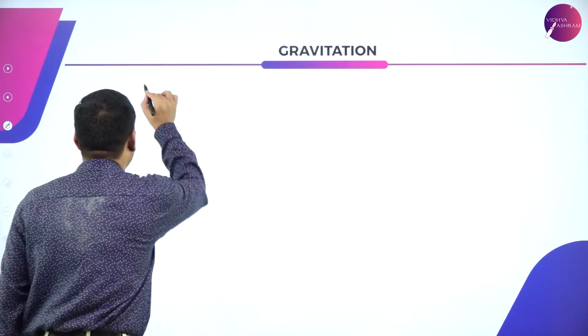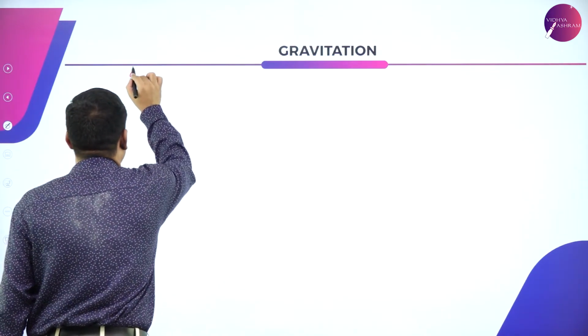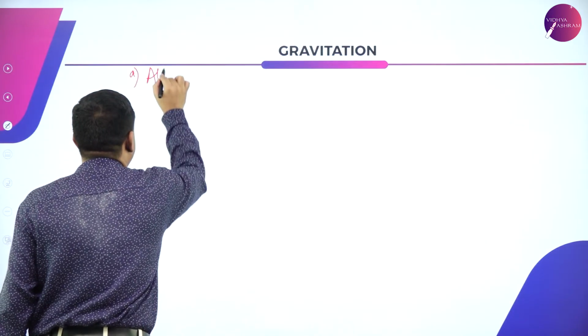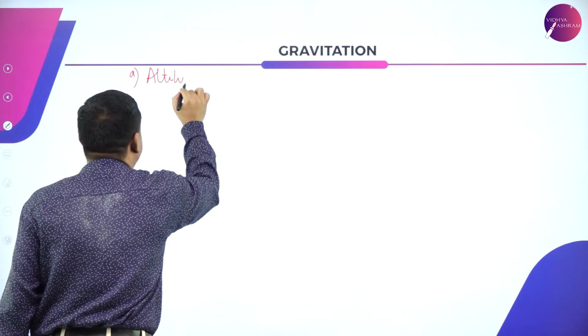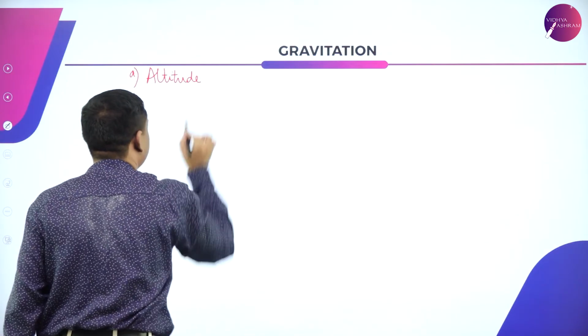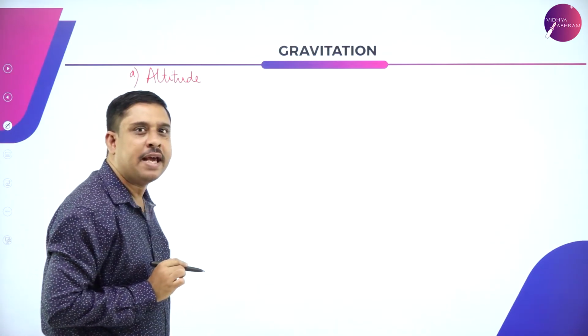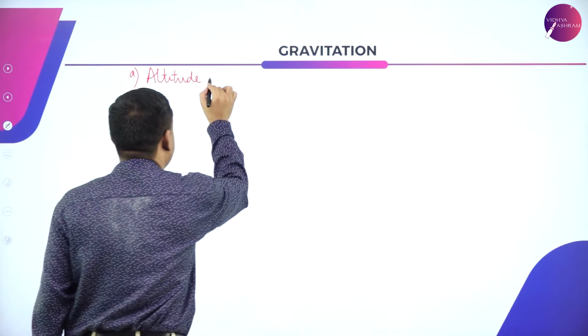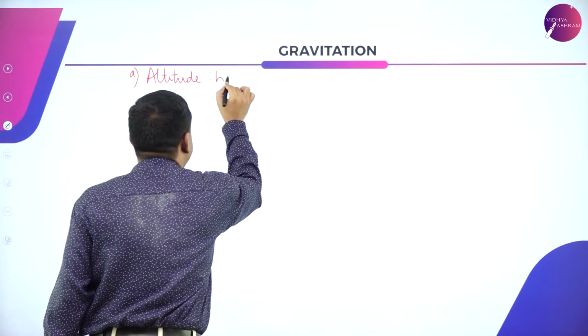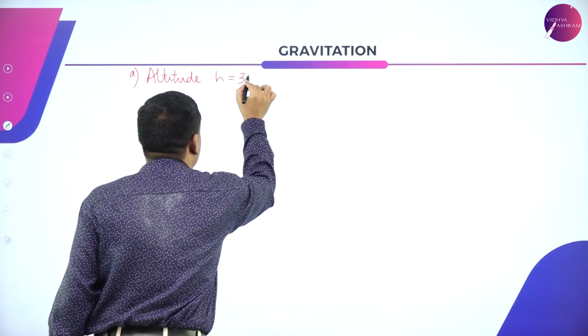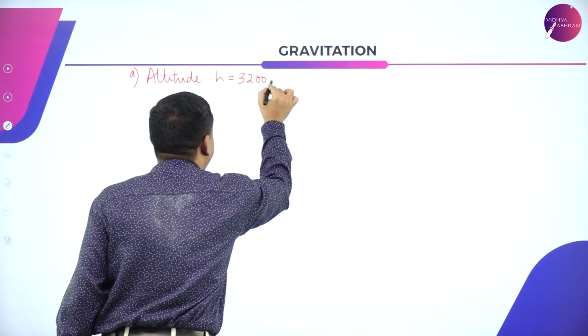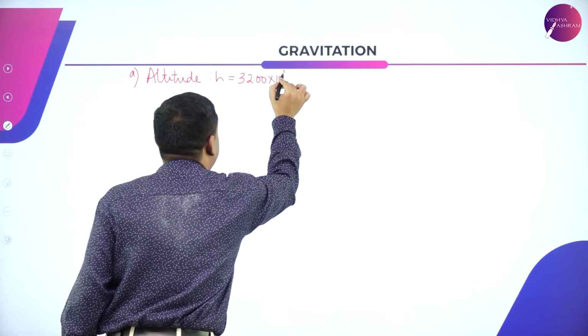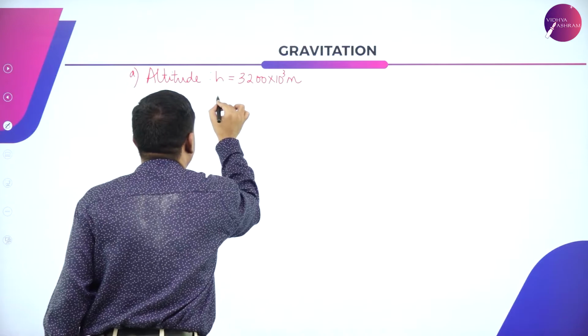So part A, we are solving with respect to altitude, where height is 3,200 kilometers, so 32 into 10 power 5 meters.